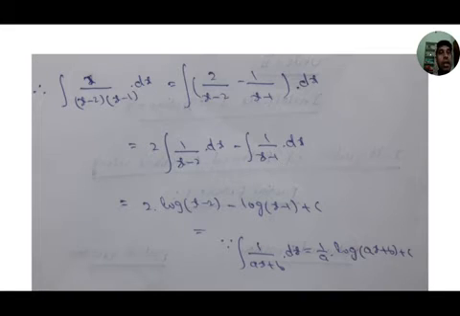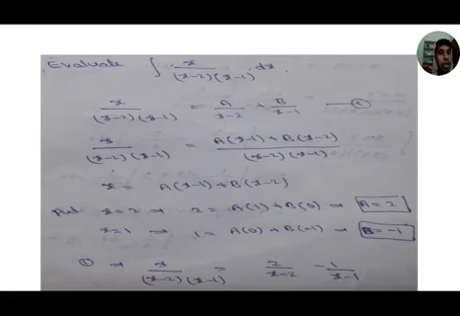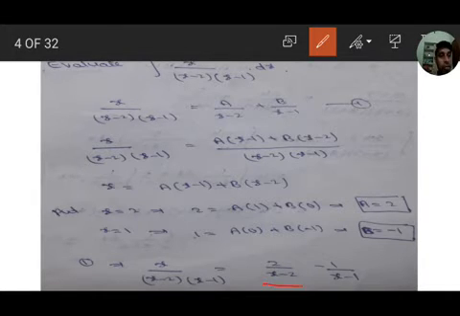Next step, integration of x by (x minus 2) into (x minus 1) dx is integration of (2 by x minus 2 minus 1 by x minus 1) dx, because x by (x minus 2) into (x minus 1) equals 2 by x minus 2 minus 1 by x minus 1. That is the replacement.